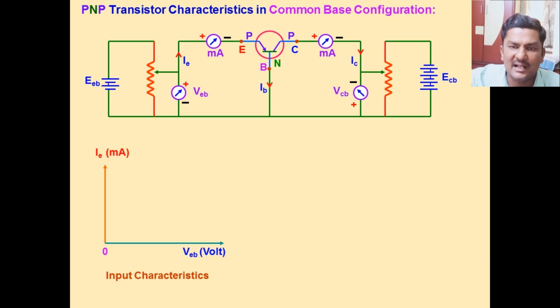A graph is plotted between VEB and IE. While plotting the graph, VEB, the independent quantity, is taken along the x-axis, and the dependent quantity along the y-axis.